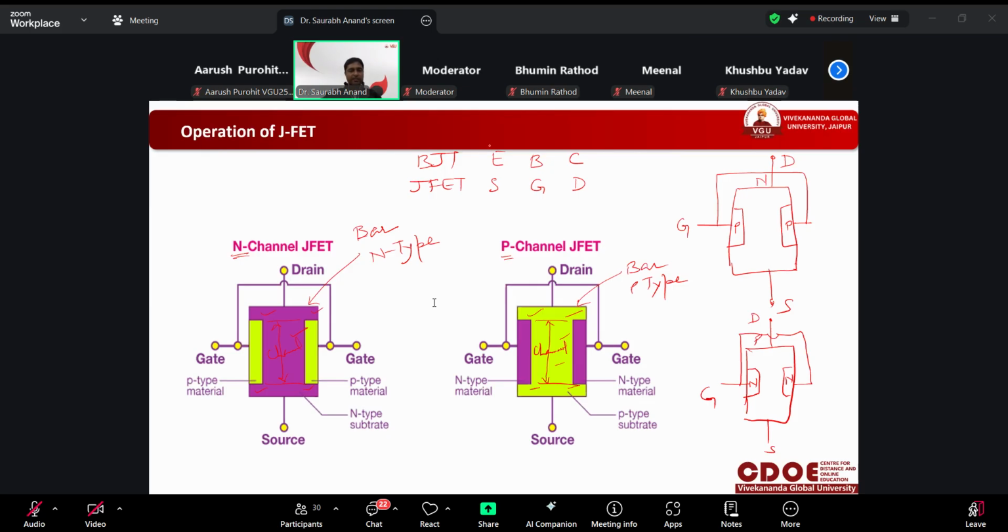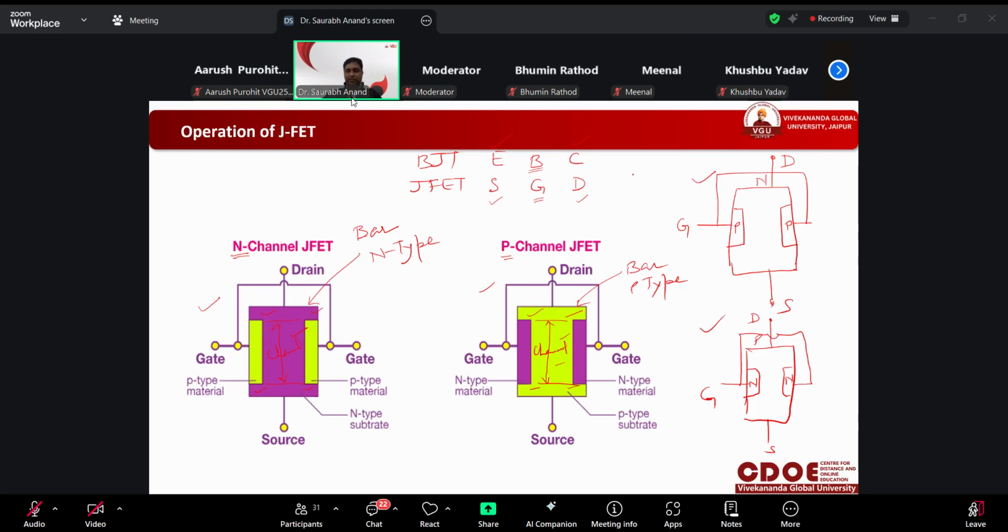In BJT, we start from the emitter and reach the collector. Here it starts from the source and reaches the drain. The base and gate are the middle one. Got it? Have you understood how this structure was made? So these are the two structures.